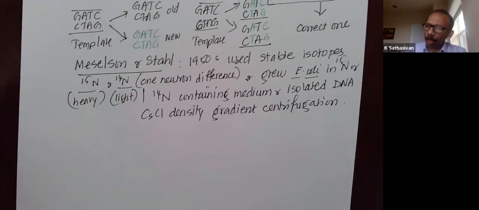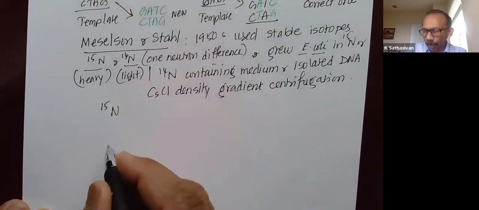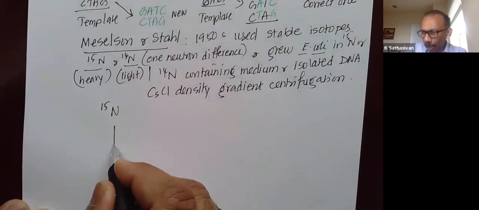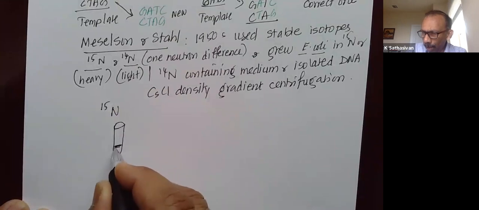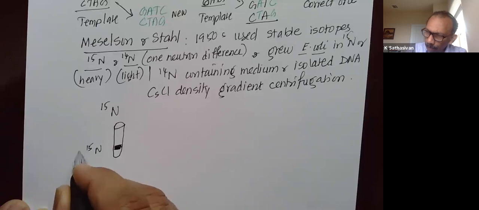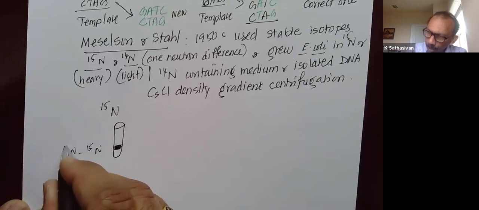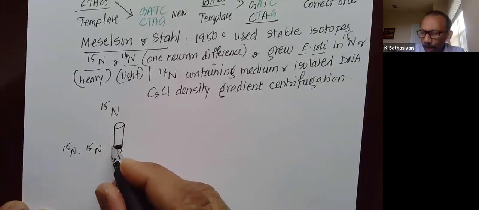Okay. So when they started, they had everything growing in N15. And when they did the centrifugation, they found the DNA is at the bottom. So this is all N15, all heavy at the bottom. Okay.